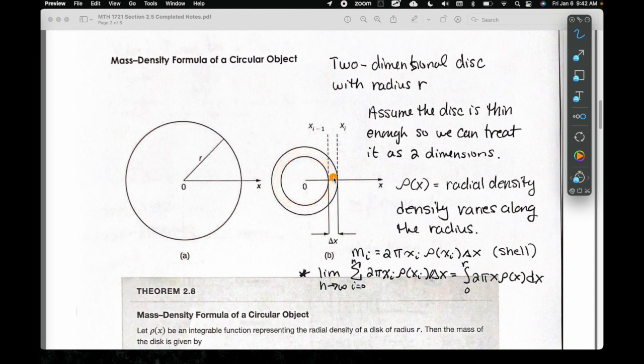And we're going to find smaller and smaller intervals for that washer from here to here, find the area of those washers and add them all up. And the smaller that change in x is going to be as n approaches infinity, where n is the number of washers, as we create more and more of them and that delta x gets smaller and smaller, we get a more accurate value.